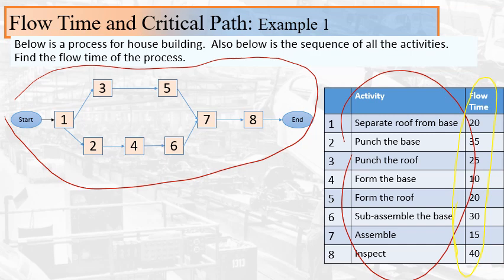Now what we want to do is identify the different paths in this process, and obviously there is this path right here, and then there's this path right here. Now what we do is calculate the length of each path by summing all the different times, which are right here.